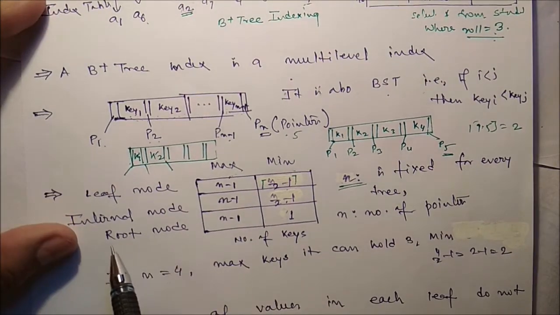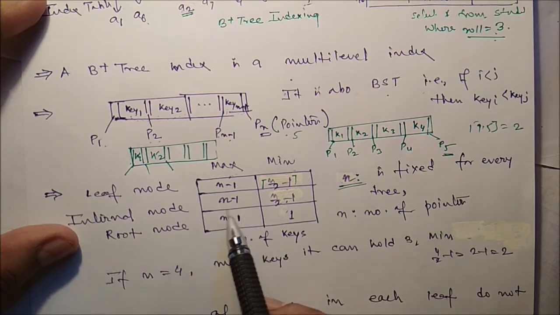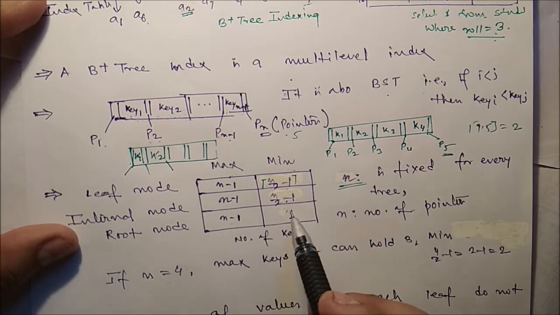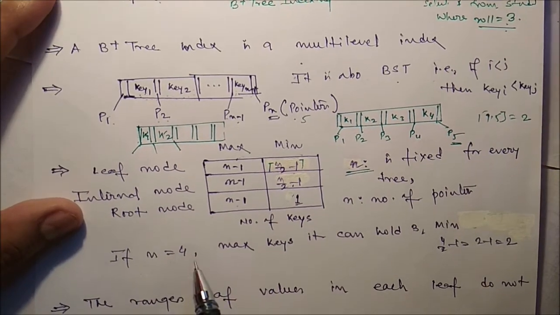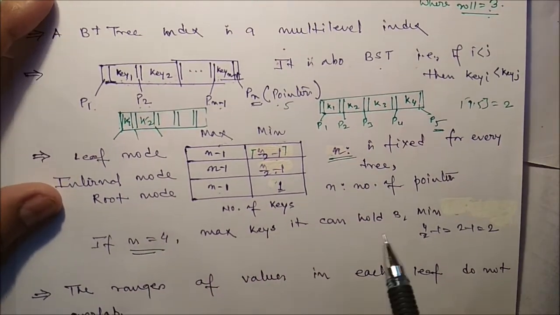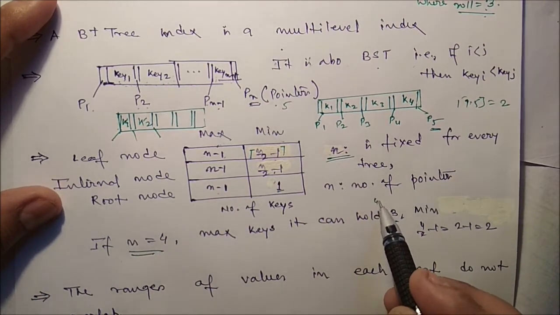And if it is a root node, the maximum number of keys would be n minus 1 and the minimum should be 1. So if n is equal to 4, the maximum keys it can hold is 3, n minus 1, 4 minus 1 is 3.